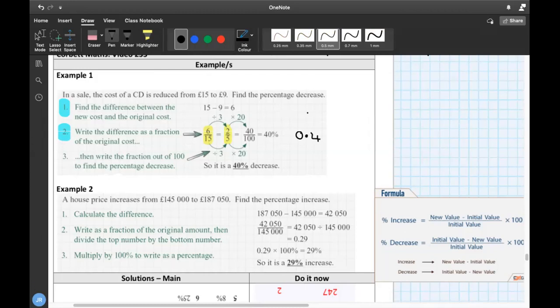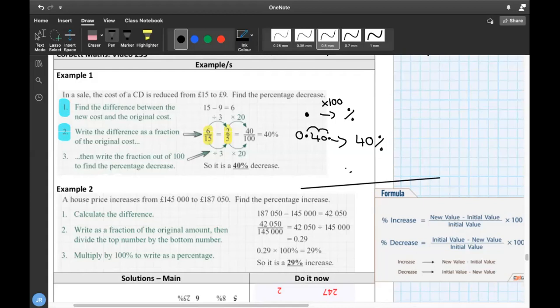And if you want to go from a decimal to a percentage, you will need to multiply by 100. And because you were asked for the percentage change, you will need to get that decimal value as a percentage. So it would be 40%, because you're multiplying by 100. Jump 1, 2.